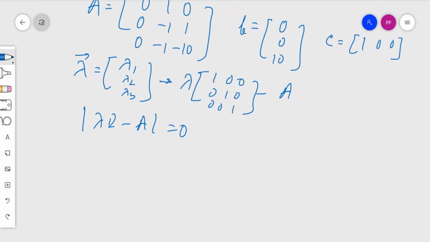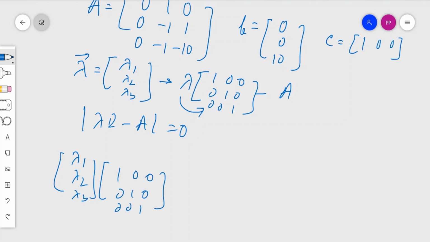So lambda multiplied with the identity matrix, you write lambda 1, lambda 2, lambda 3, and I am multiplying with the identity matrix 1 0 0, 0 1 0, 0 0 1, and subtracting [0 1 0; 0 -1 1; 0 -1 -10]. For this I am taking the determinant and equating it to 0. This will give us the characteristic equation.